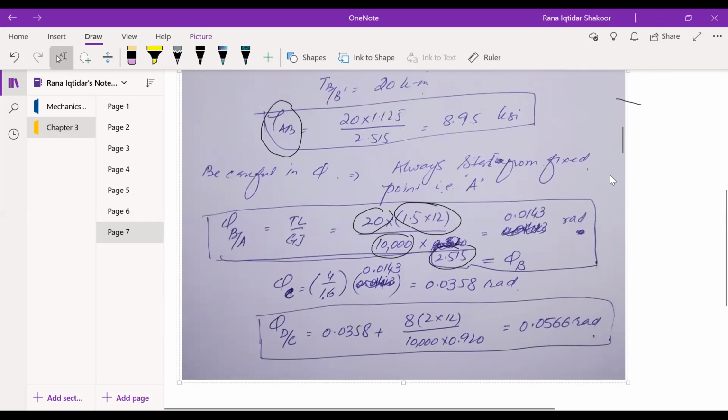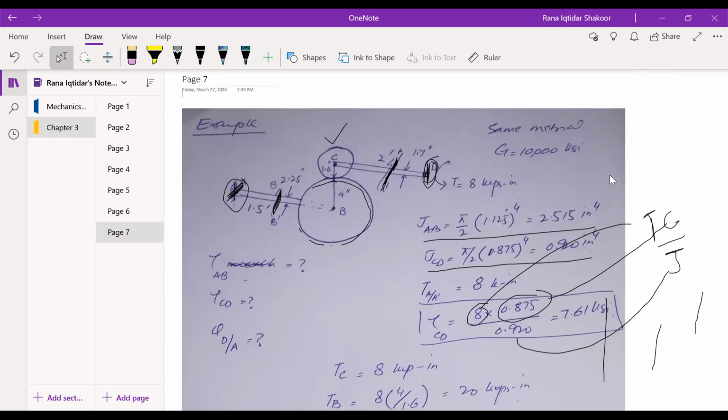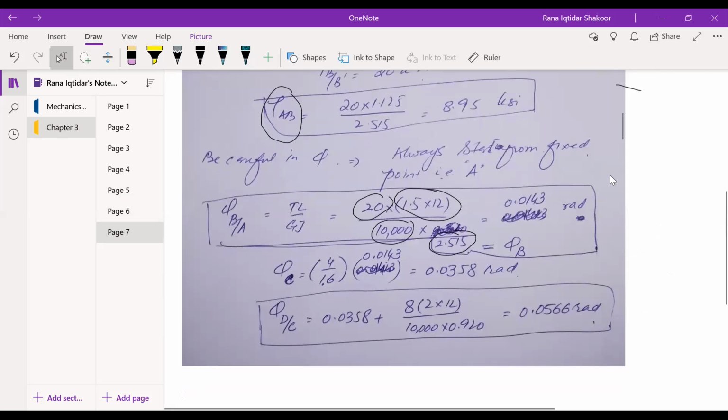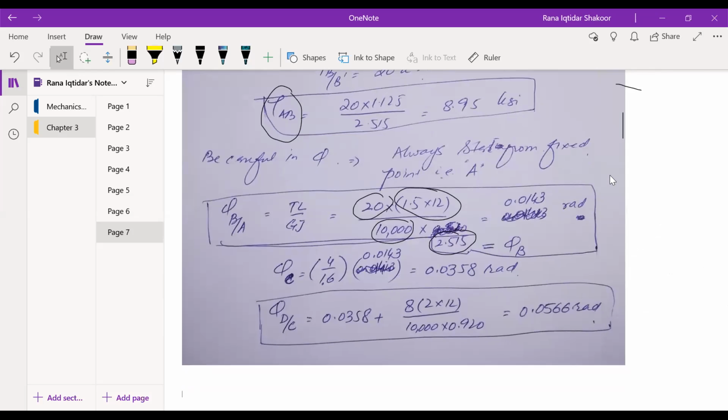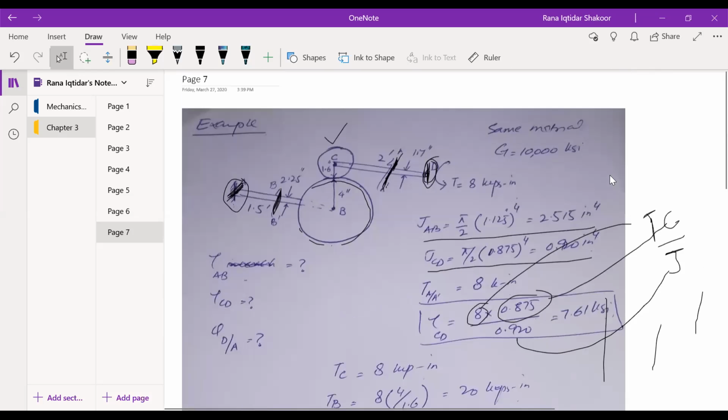Point C, now again, 0.0358 radians is the amount that this particular gear C has, right? So will this shaft have the same amount of angular twist, or a different angular twist? It will have a different angular twist.